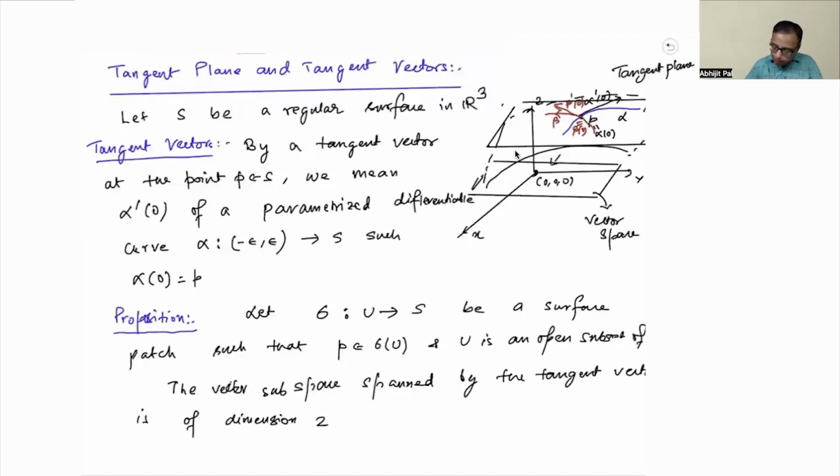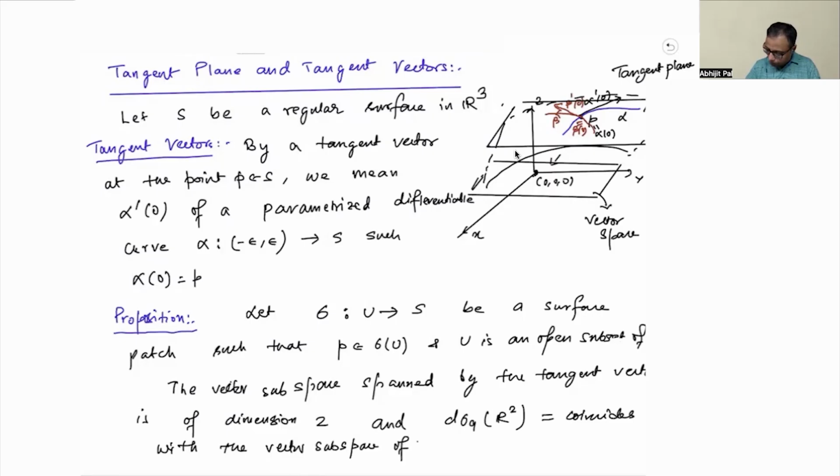And d sigma_q of R2 coincides with the vector subspace of the tangent vectors.